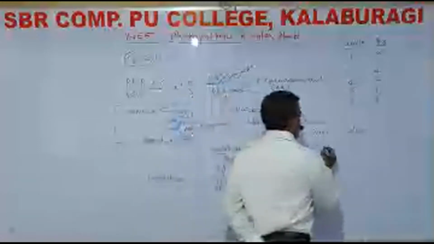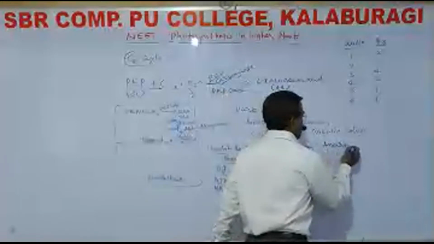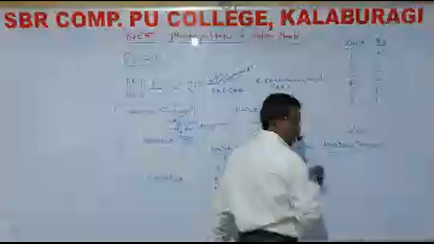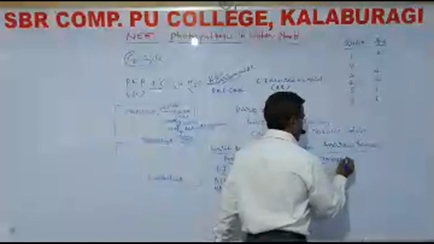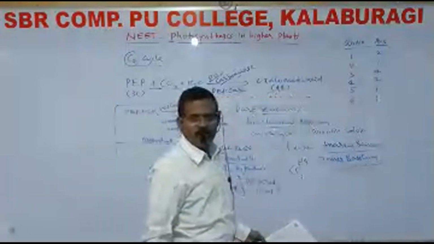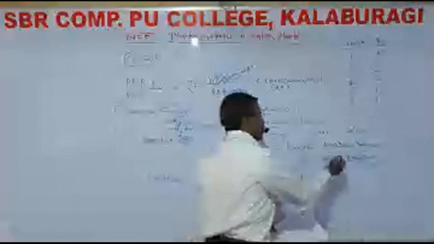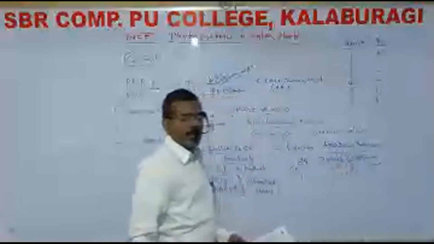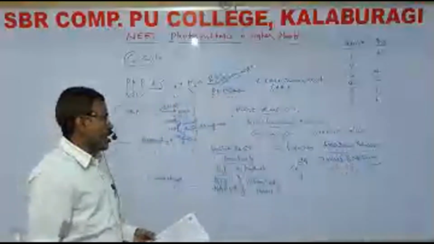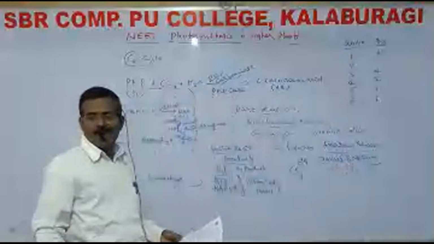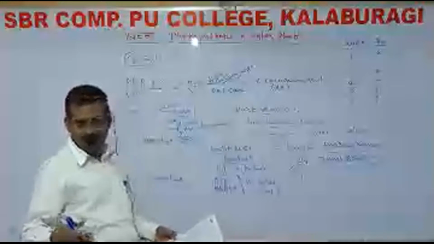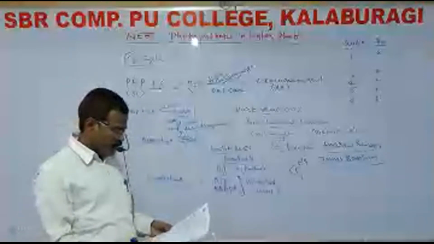So here you have Andrew Benson and James Bassham. Andrew Benson and James Bassham assisted Calvin in finding out this complete set of chemical reactions. That is why, in memory of them, it is called the Calvin-Benson cycle or Calvin-Benson-Bassham cycle. So different names are given to it.